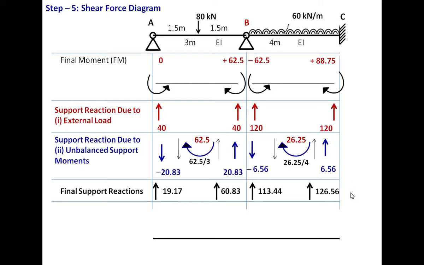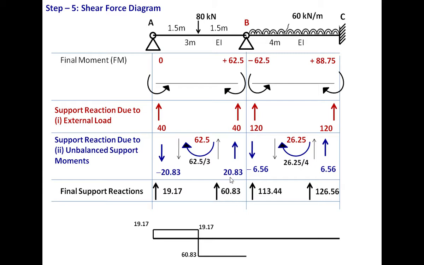It is very easy to plot the shear force diagram. First we draw the baseline and start from here, 19.17 upward. There is no load between A and this point, so it is constant, and then there is a downward load of 80. When we deduct 80 from this, we end up with minus 60.83, below the baseline. There is no load from here to this point, so it is a constant line.